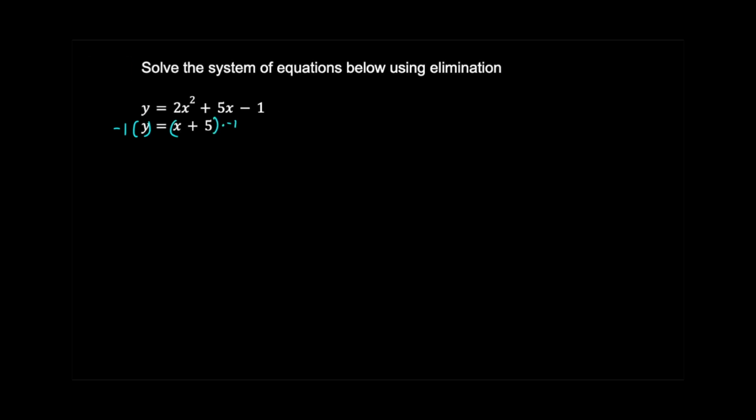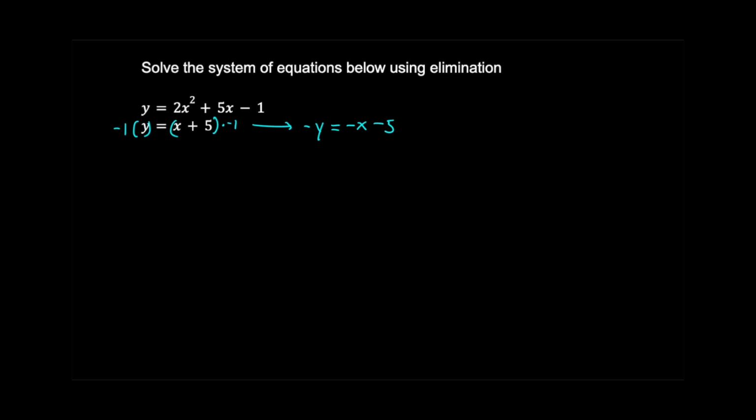Second equation times negative 1. That will change into negative 1y, or negative y, equals negative x minus 5. My first equation I'm not going to change, so we're just going to leave it as is. I'll just bring it down.